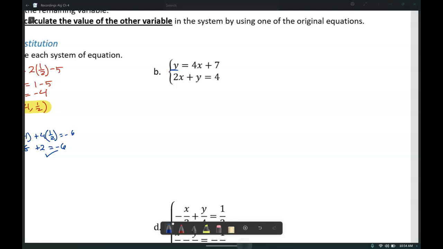Here, y is already isolated, so we can substitute 4x plus 7 in for y into the second equation. We'll simplify our equation. And then we can go ahead and substitute x back in to our equation up here.